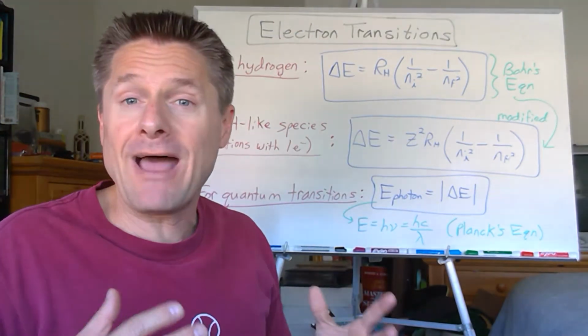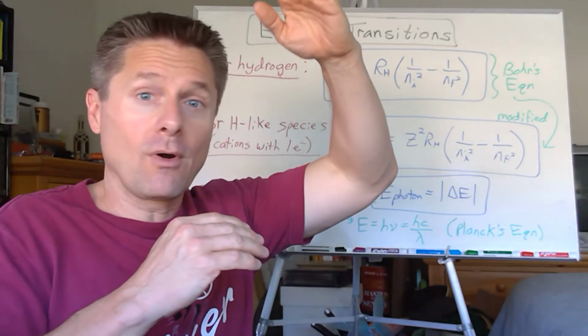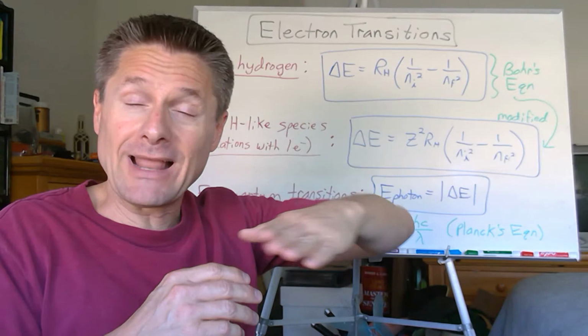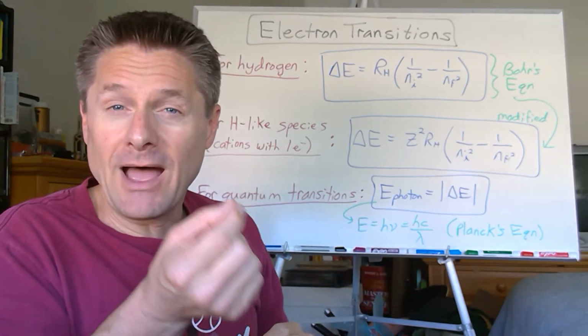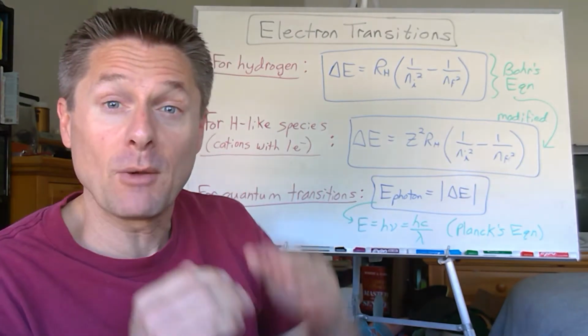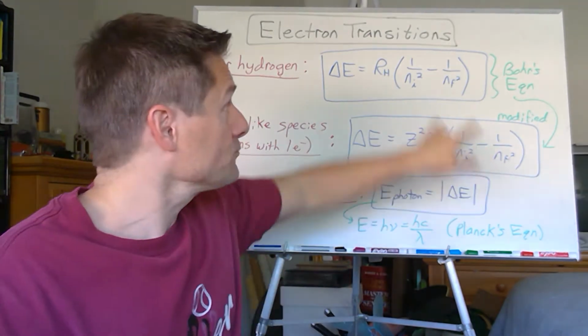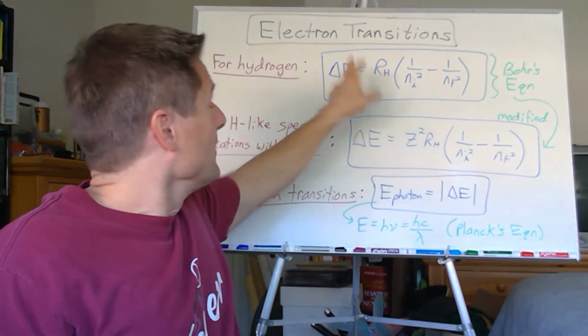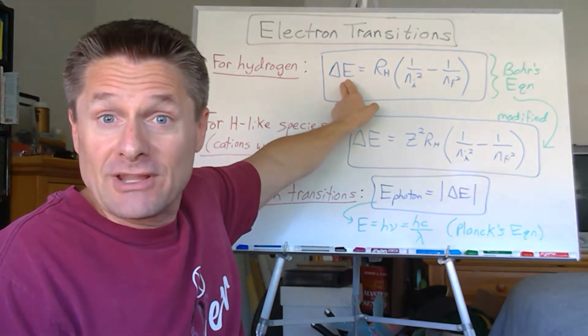Whatever it was, just figure out whether you're absorbing, causing excitation, or emitting radiation due to relaxation. What's your initial n value, principal quantum number, or electron orbit, and what's your final? The Rydberg constant is a constant I provide you, and you can solve for the change in the energy that's going on.